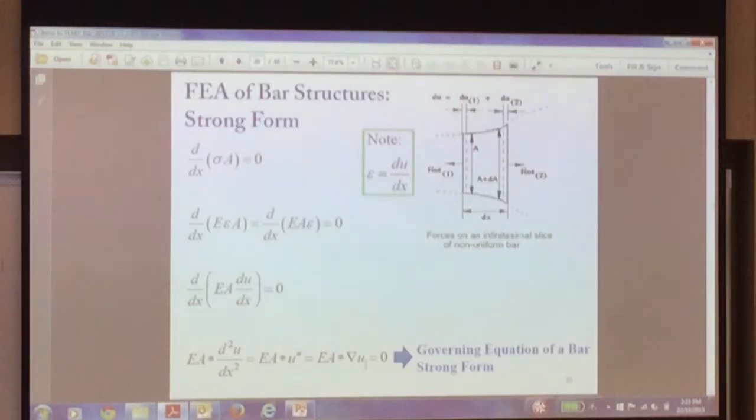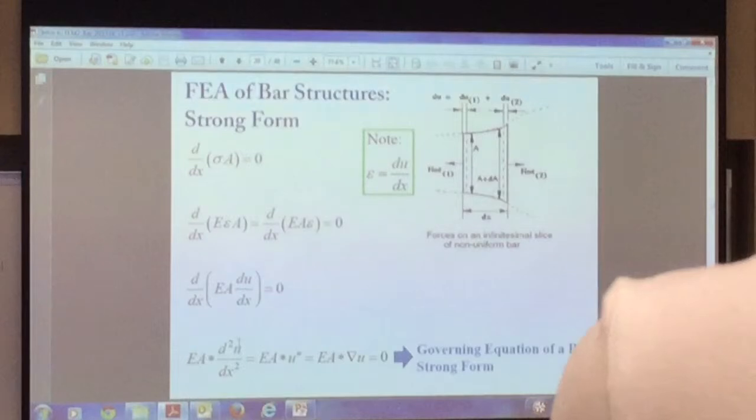This one is a strong form. We will explain later why. Because you have to differentiate this displacement twice, just by definition. This is an exact solution. So the value you get for u here will be the exact solution.